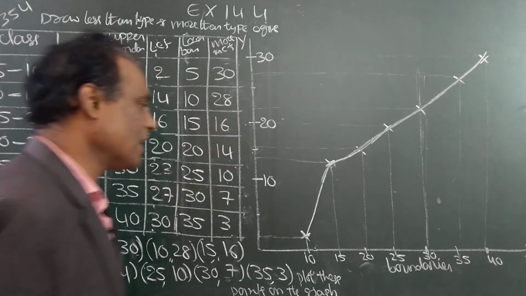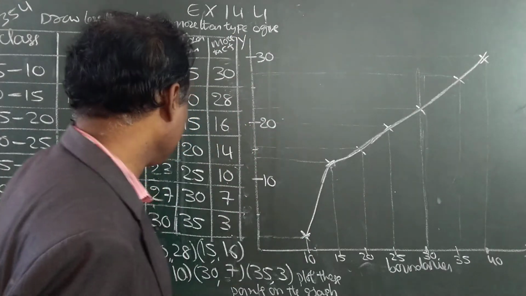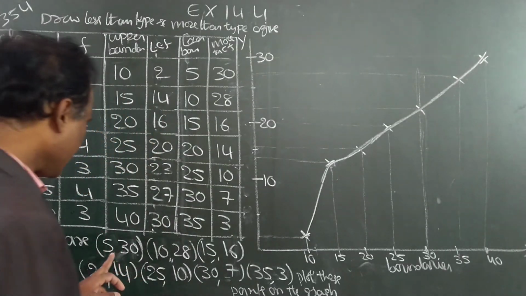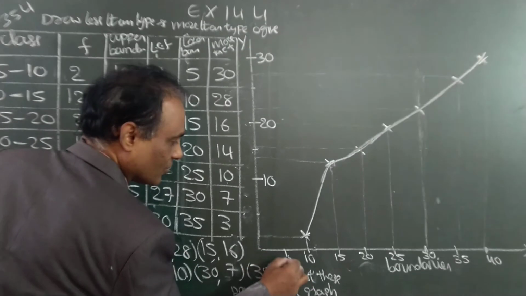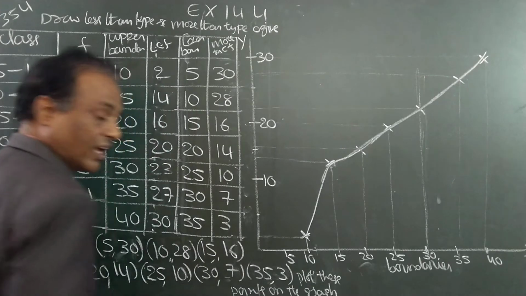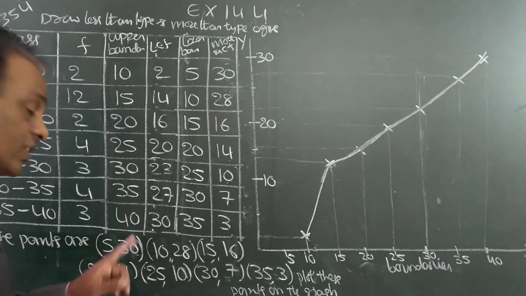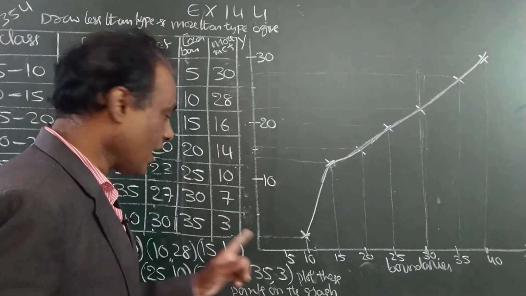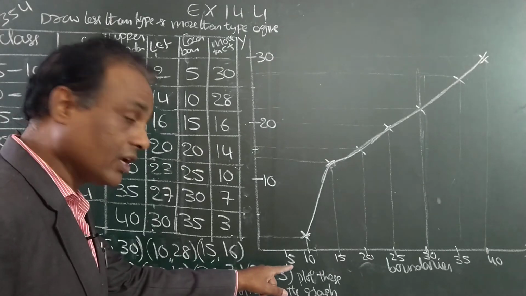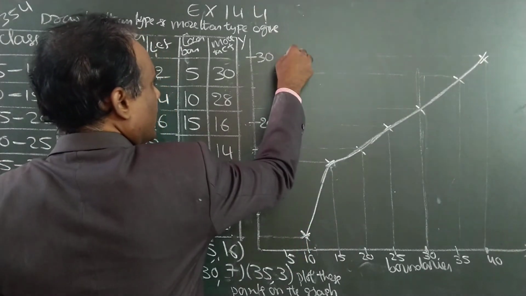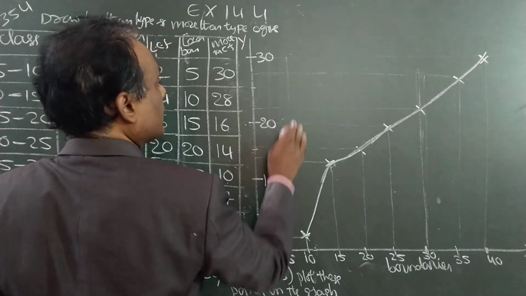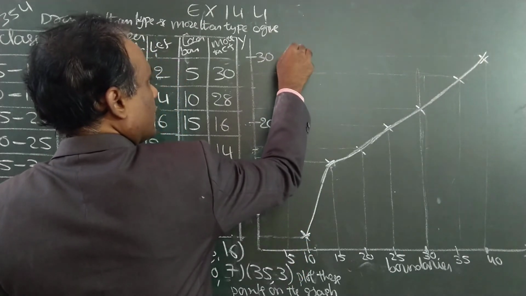So how am I plotting? In this case we require 5 also, because 5 is there, no? So take 5 also. 5, 30: somewhere here.